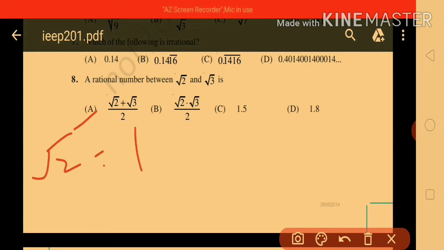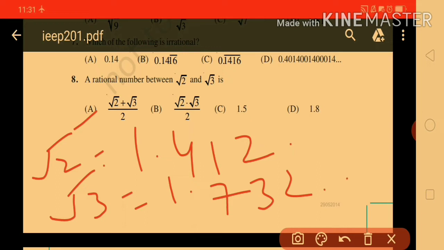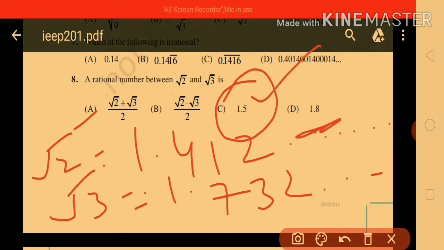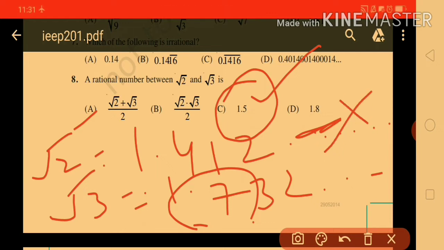Root 2 is 1.412 something, and root 3 is 1.732 and something. These are two non-terminating decimals. So if you check, 1.5 lies between 1.4 and 1.7, so our answer is 1.5, because 1.8 is more than 1.7. It can't lie between these two, so this is the wrong one.